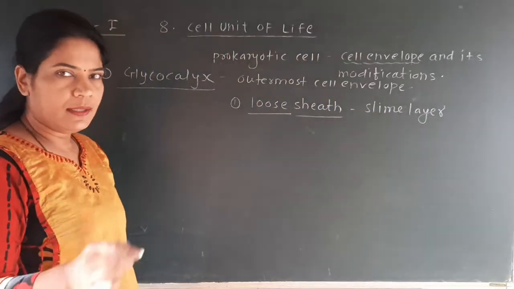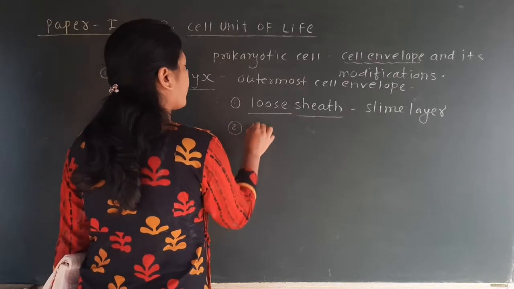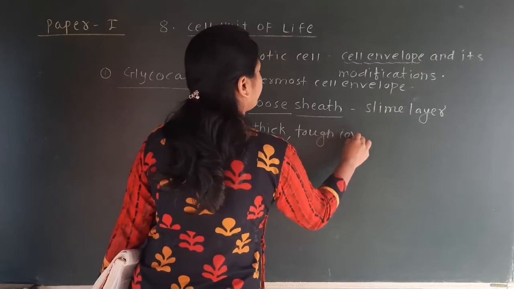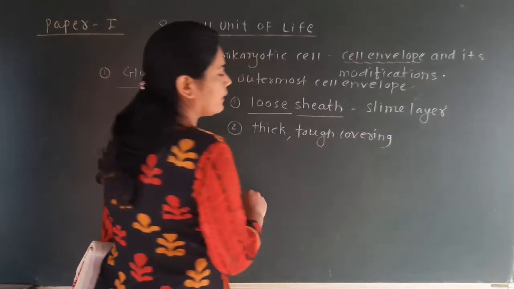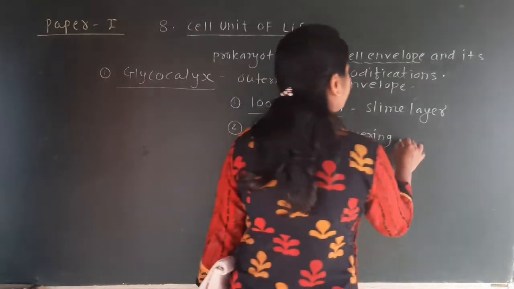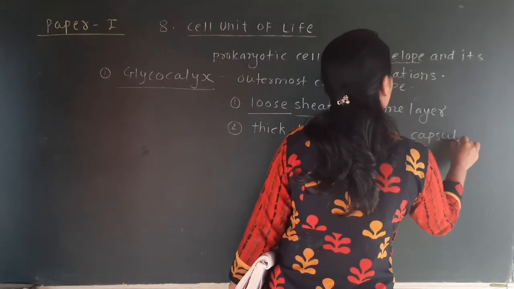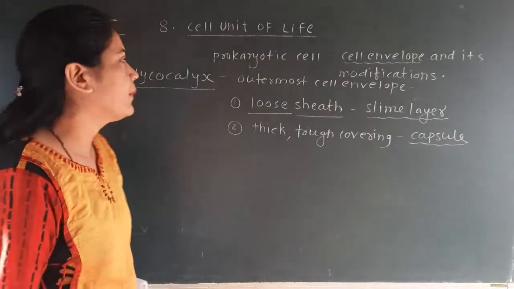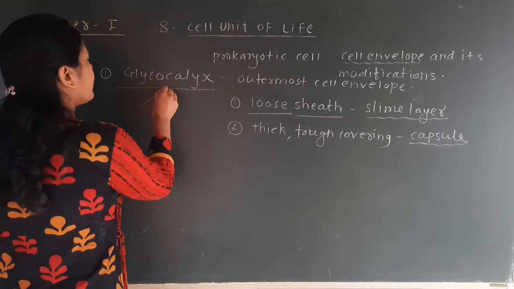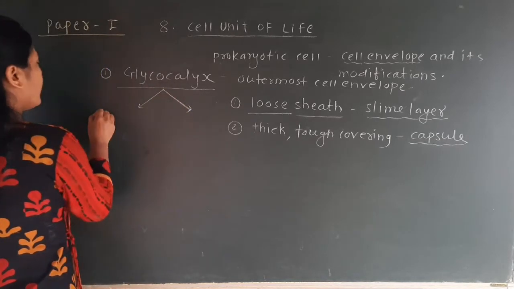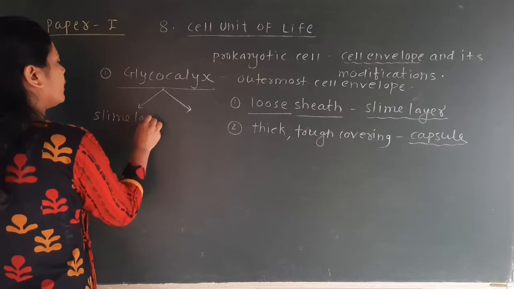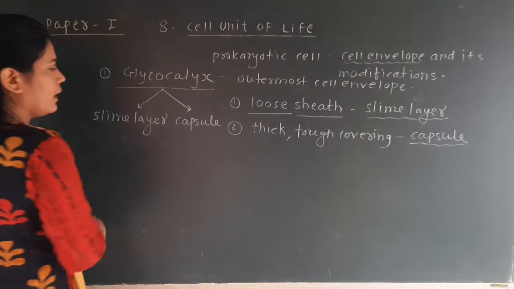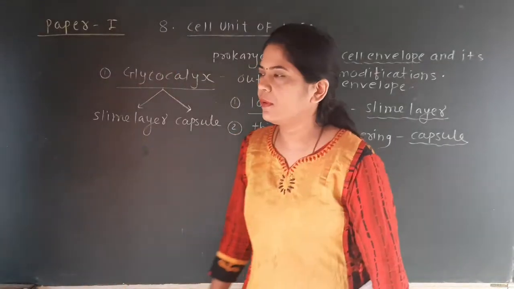And when this glycocalyx is present in the form of a thick, tough covering, then it is called capsule. So these two words are very important: slime layer and capsule. Again here we write, these glycocalyx are of two types, one is called slime layer and another one is called capsule.